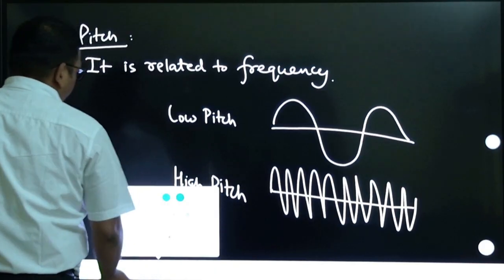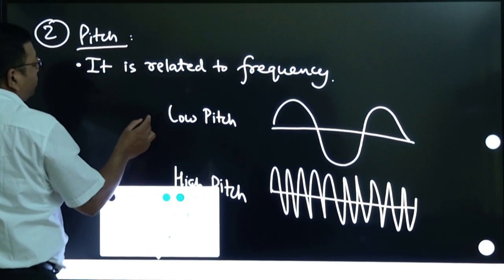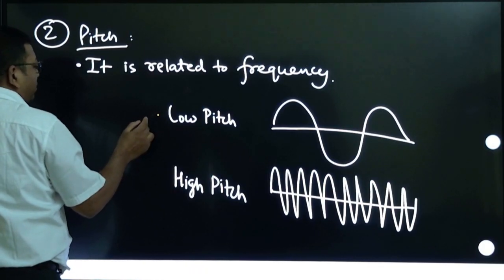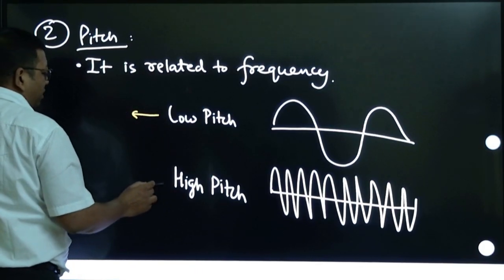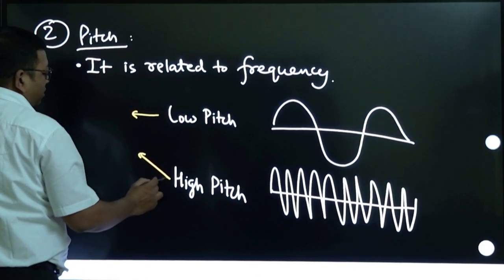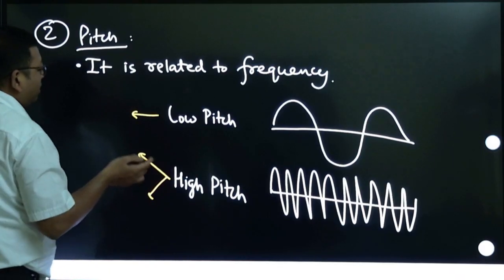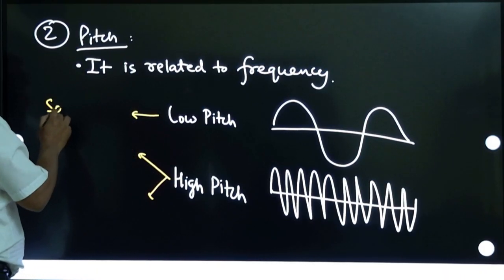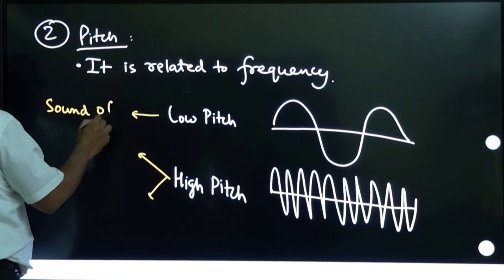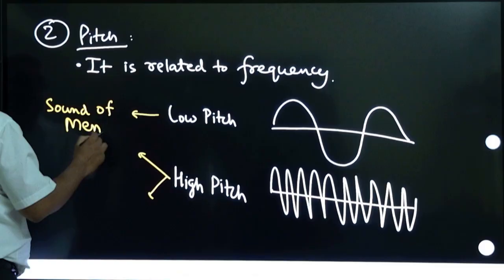So what does low frequency, low pitch mean, and when does sound have low pitch and when does sound have high pitch? The sound produced by men is low pitch.